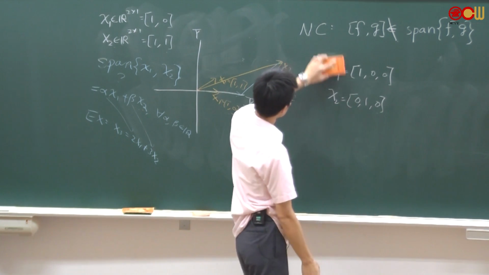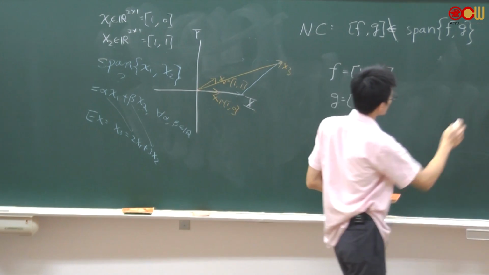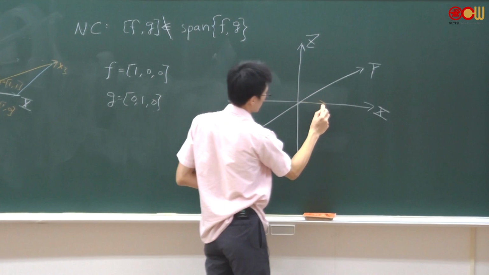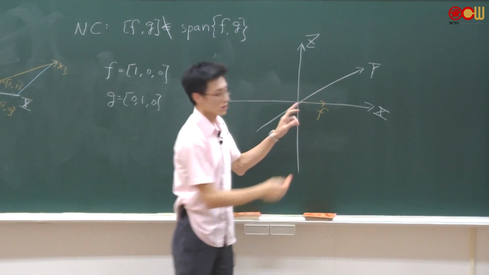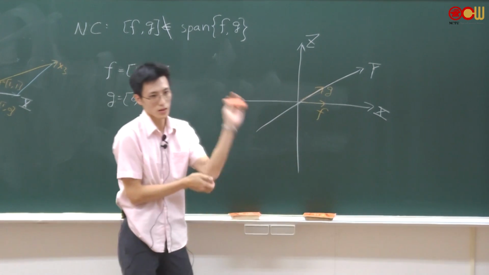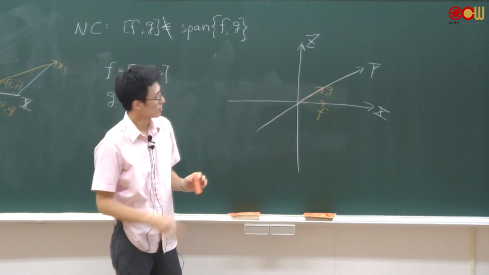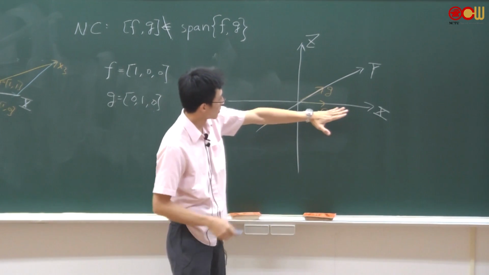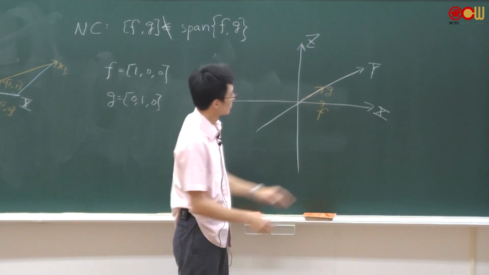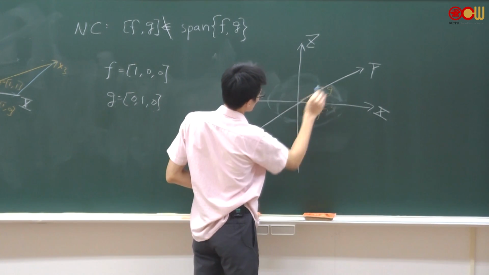Okay, let's say maybe FG. F is here. What is G? Here, right? What's the span of FG? 2D plane, right? Span of FG will be the XY plane. It's anywhere in this plane.